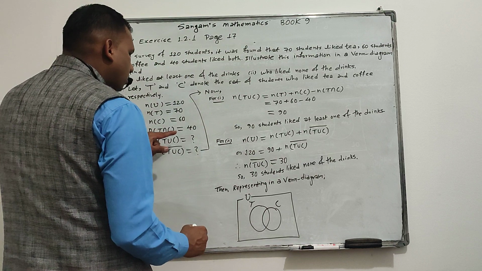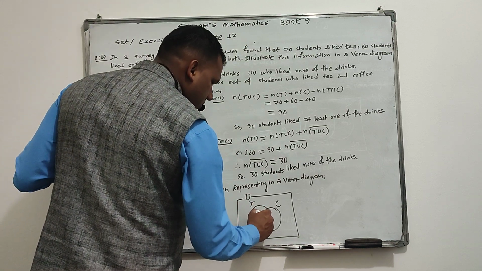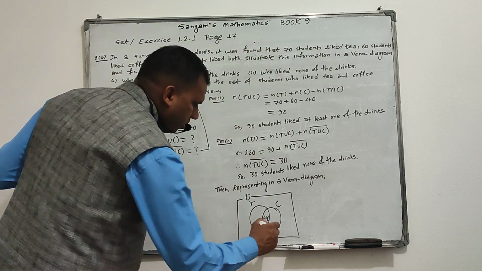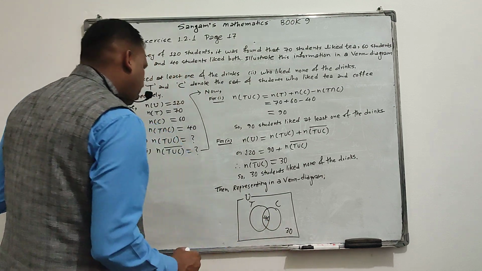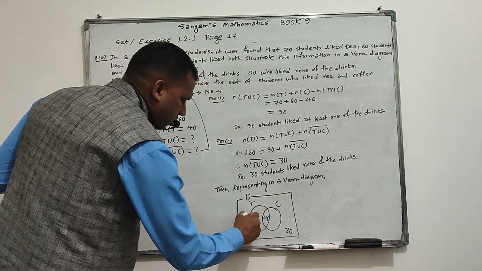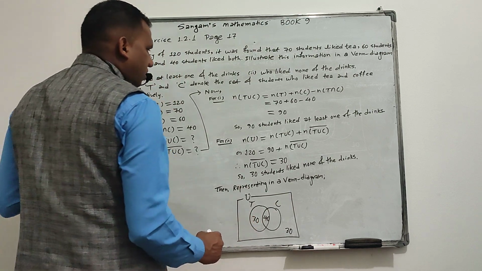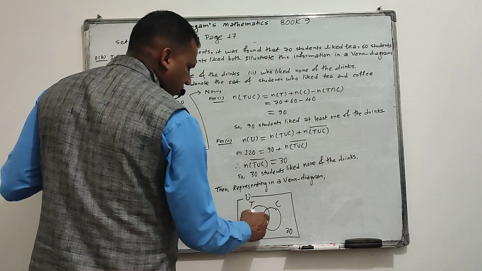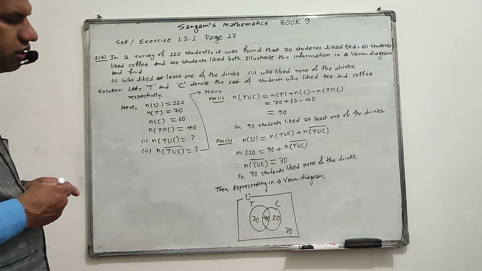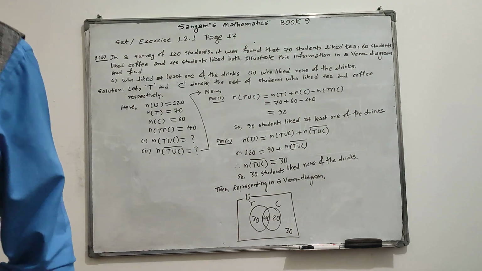Like both, that is 40, is over here. The complement part, 30, is here. T only is 70 minus 40, that is 30, and C only is 60 minus 40, that is 20. This is the required Venn diagram.